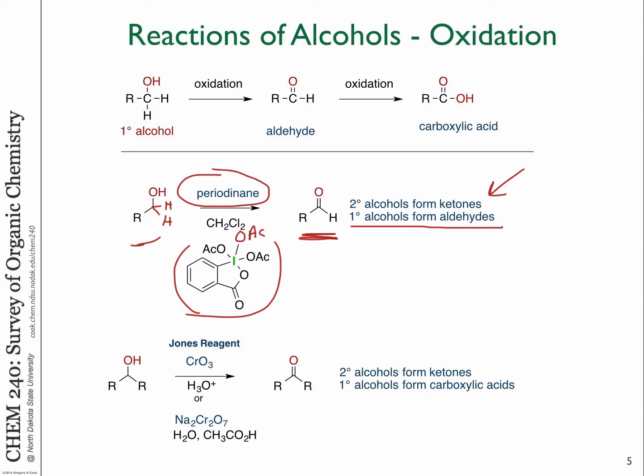By the way, just a general principle, anytime you have something being oxidized, something else has to get reduced. Because oxidation is loss of electron ownership, right? You're losing electrons to become oxidized. Something has to gain those electrons, and when you gain electrons, you're being reduced.